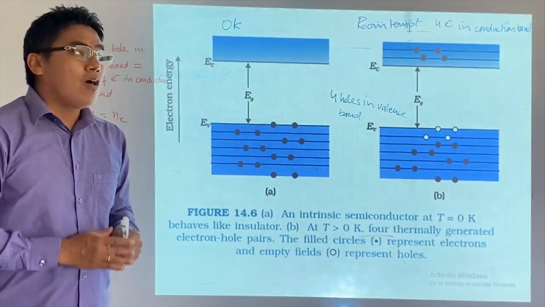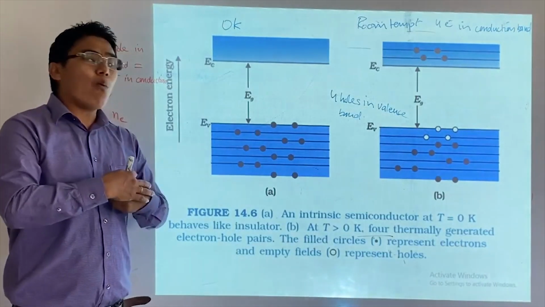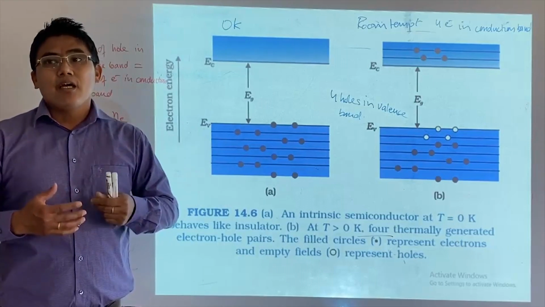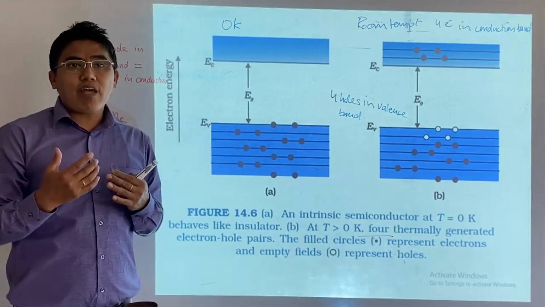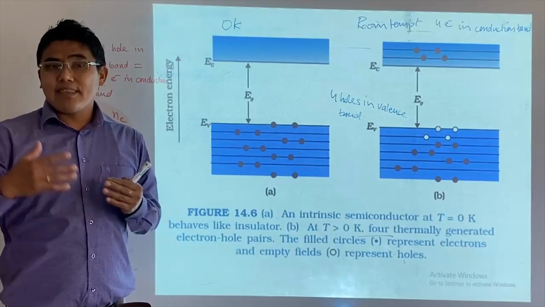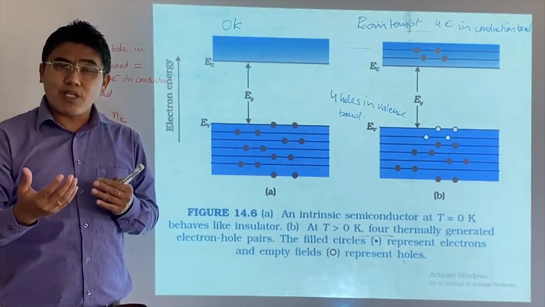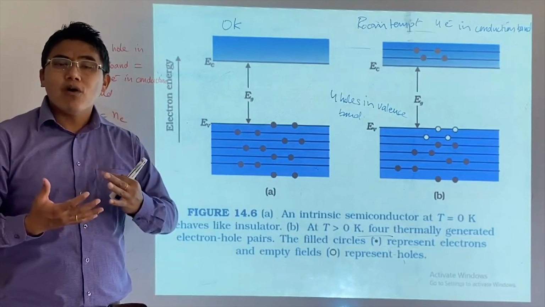Now what is the problem with a pure semiconductor? The number of electrons available is very small, and the number of holes available in the valence band is very small.